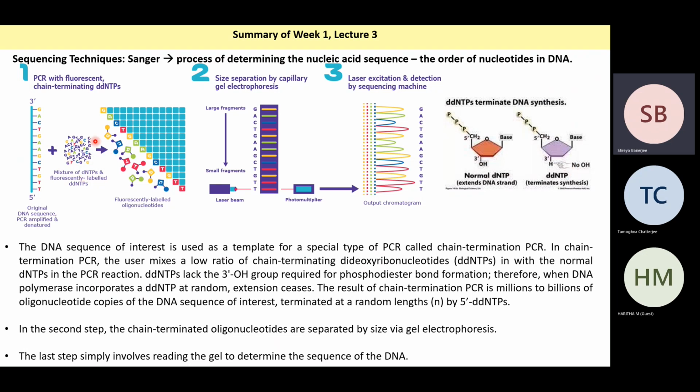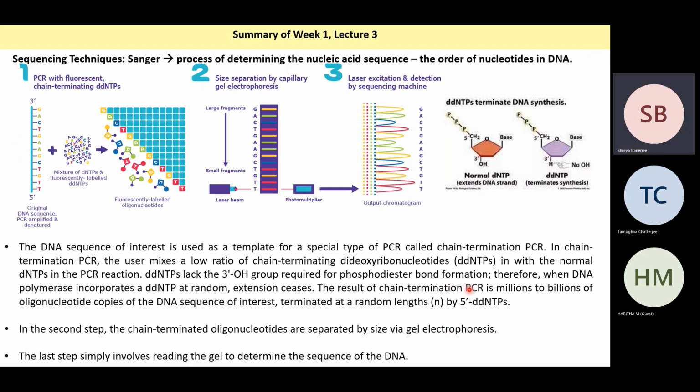So now, whenever this dideoxyribonucleotide is present, the DNA extension is going to stop because there is no OH group, so the phosphodiester bond is not possible. So when DNA polymerase one by one brings the nucleotides to pair with this template DNA, whenever it reaches a dideoxyribonucleotide, the extension will stop.